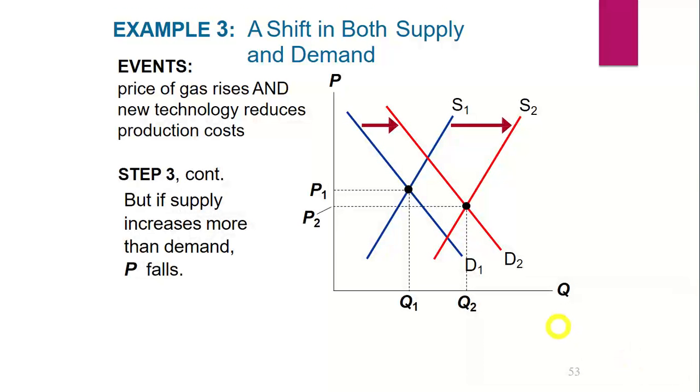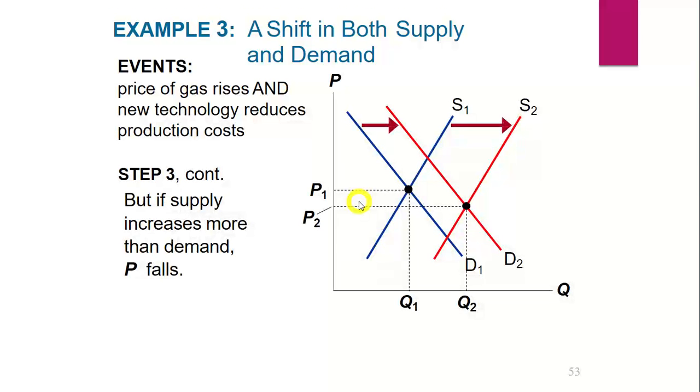Now here the gap between supply curves S1 and S2 is wider as compared to the gap between demand curves D1 and D2. So if the supply increases more than the demand, that means that price falls. You can see here that price goes down from P1 to P2.